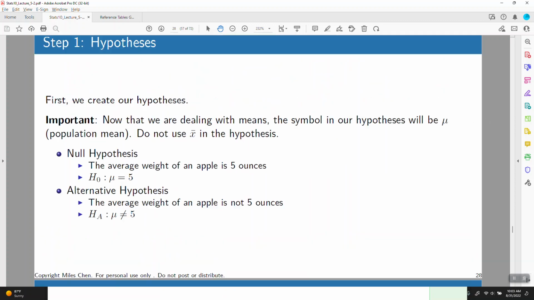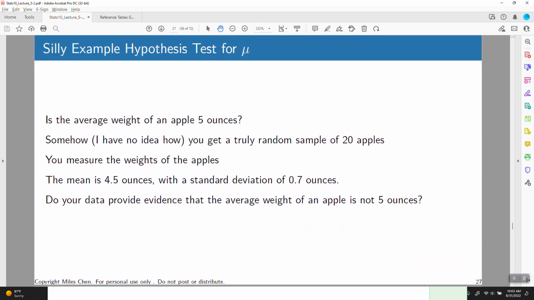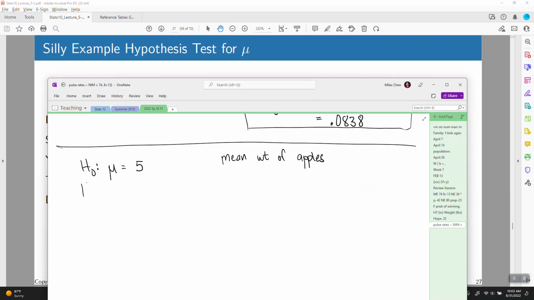And based on the way our question is phrased, we're asking, do we have evidence that the average weight is not 5 ounces? Okay, so our alternative here is going to be two-sided, and it's just going to be that mu is not equal to 5. Okay, don't use x bar and don't use p, right?